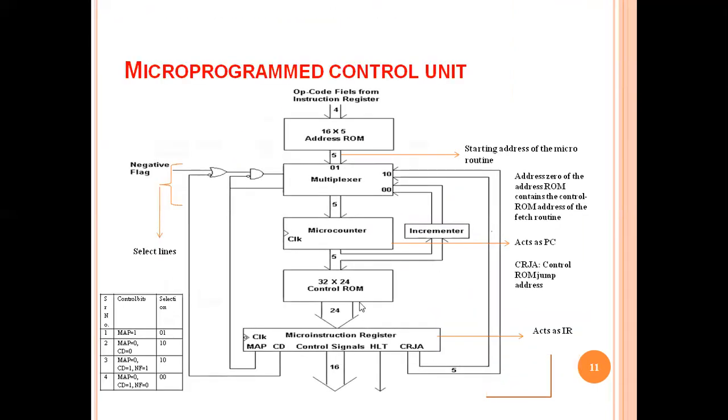Clear? From the ROM, it will go to the microinstruction register. The microinstruction register is a special purpose register which stores the MAP bit, CD bit, all the control signals, halt, and CRJA, that means control ROM jump address.